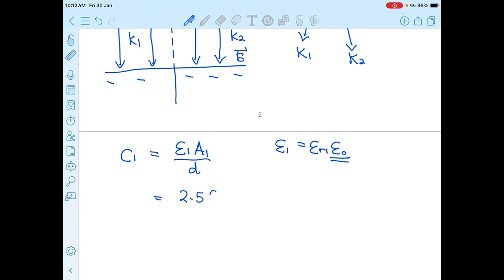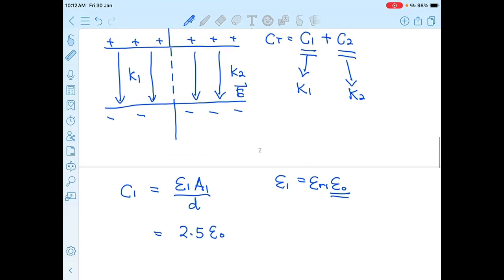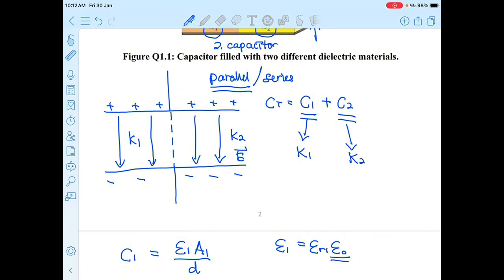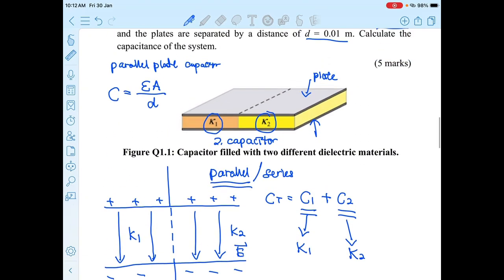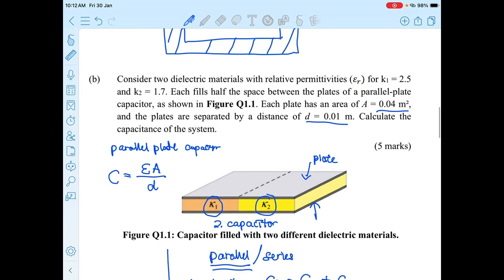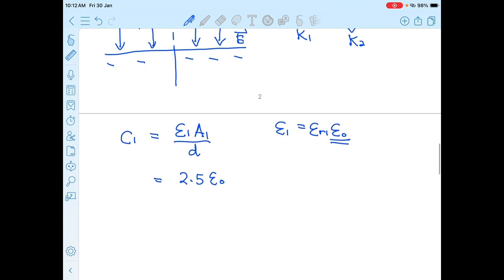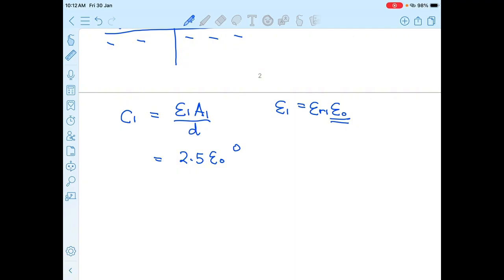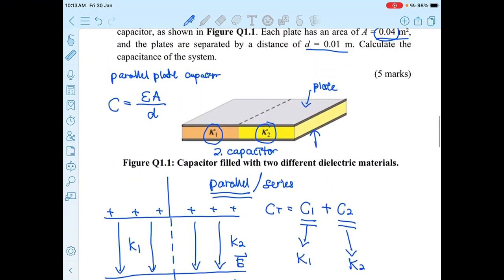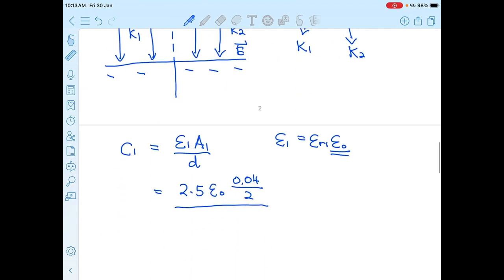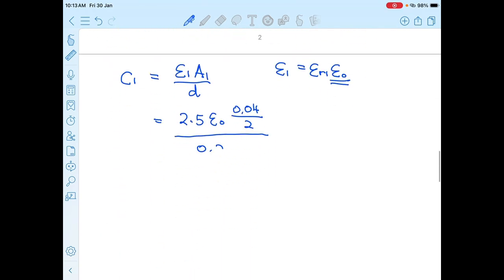A1 stands for the area occupied by K1, which is half of the area, so 0.04 divided by 2. The separation between the plates is 0.01.